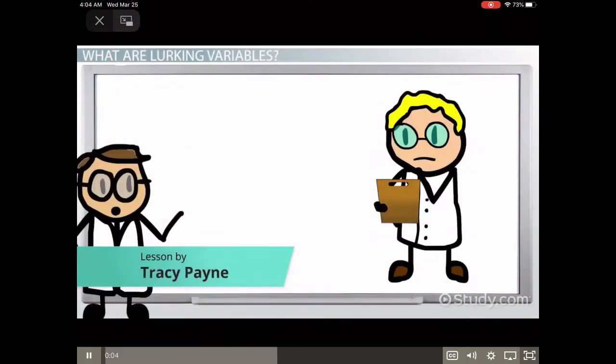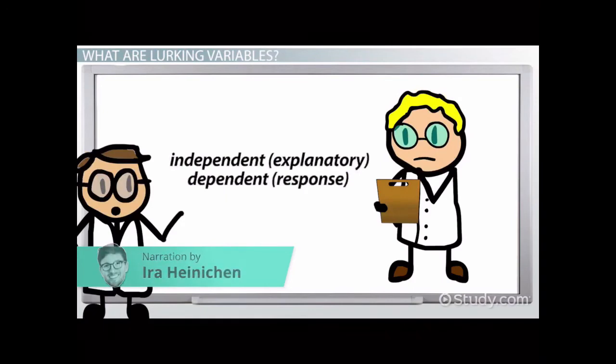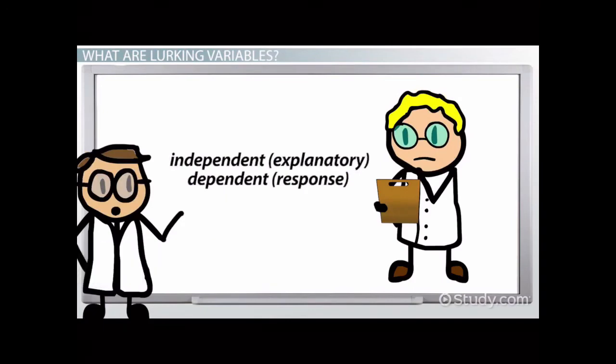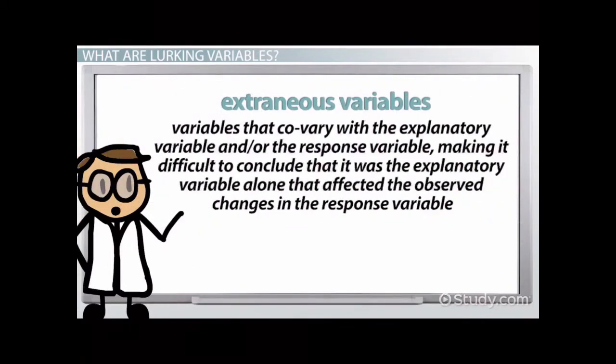The goal of any research study is to demonstrate cause and effect relationships between one or more independent, explanatory, and dependent response variables. Extraneous variables are variables that co-vary with the explanatory variable and/or the response variable, making it difficult to conclude that it was the explanatory variable alone that affected the observed changes in the response variable.